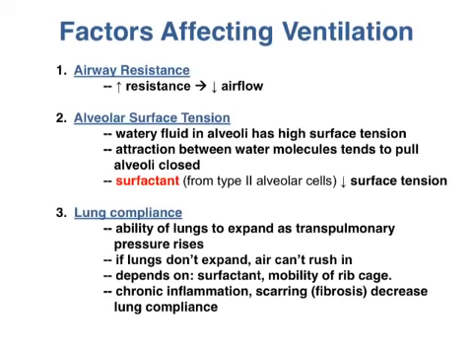Airway resistance is important in the same way that resistance in the cardiovascular system is important. If you have increased resistance, you have decreased airflow, and resistance can occur as a result of changes in bronchial diameter. So if the bronchiole is smaller, you have more resistance and less airflow.